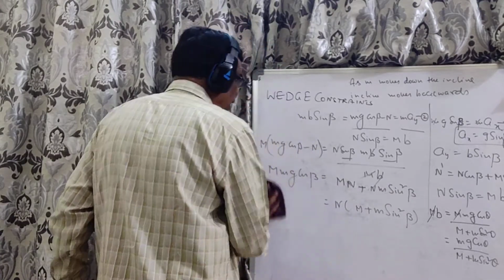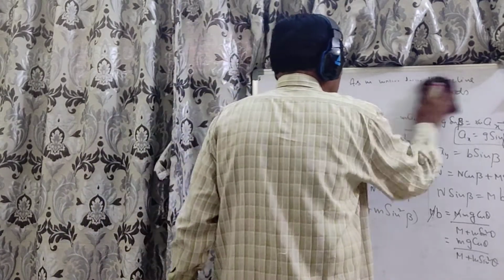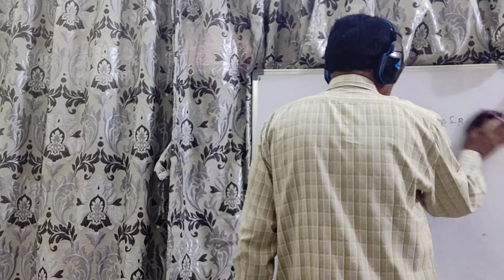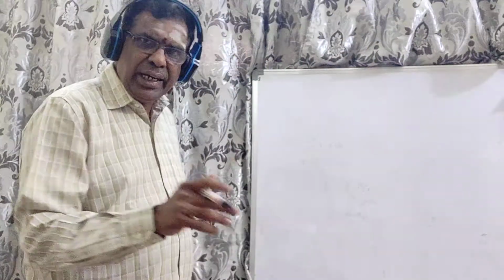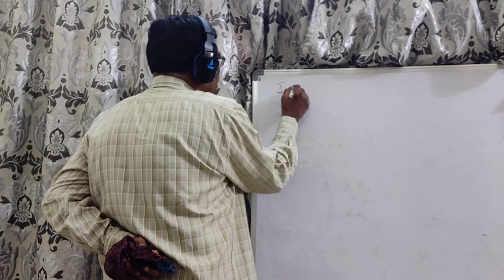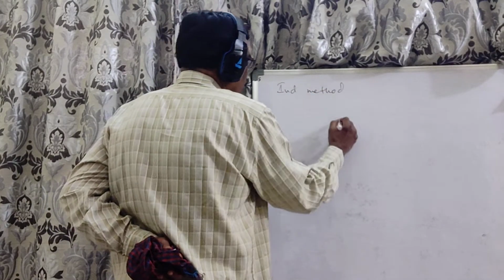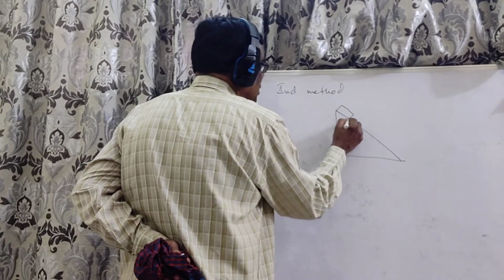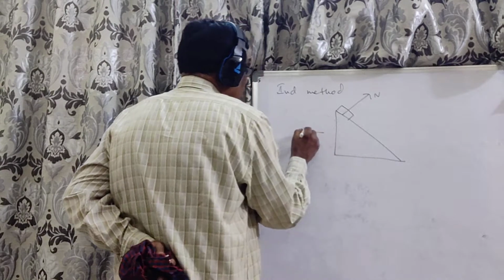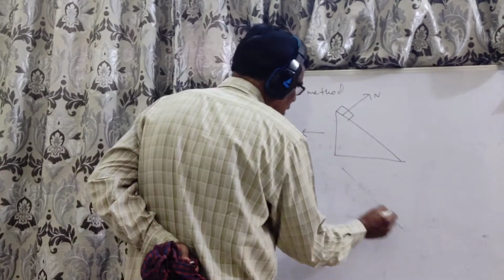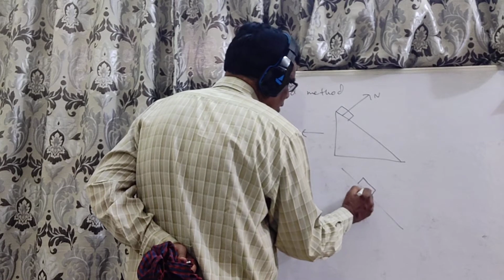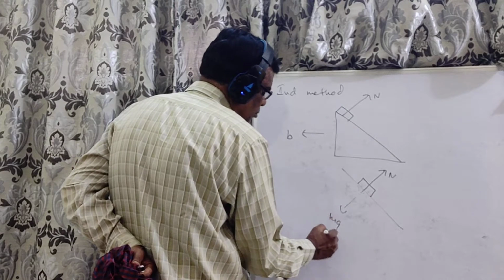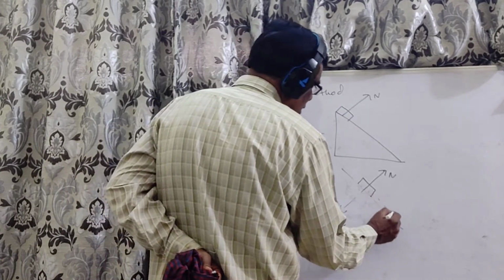Now I have made use of the constraints here to get this answer. Now I'll show you how to make use of the same problem, second method. I want to use the pseudo force technique. This is the body, N perpendicular to this surface, if this is accelerating with B. This is mg cos theta.